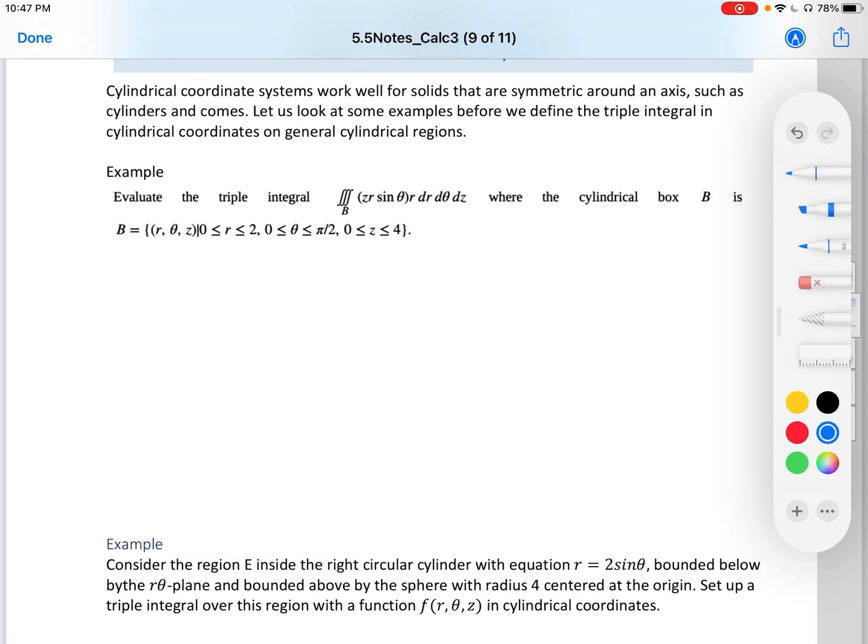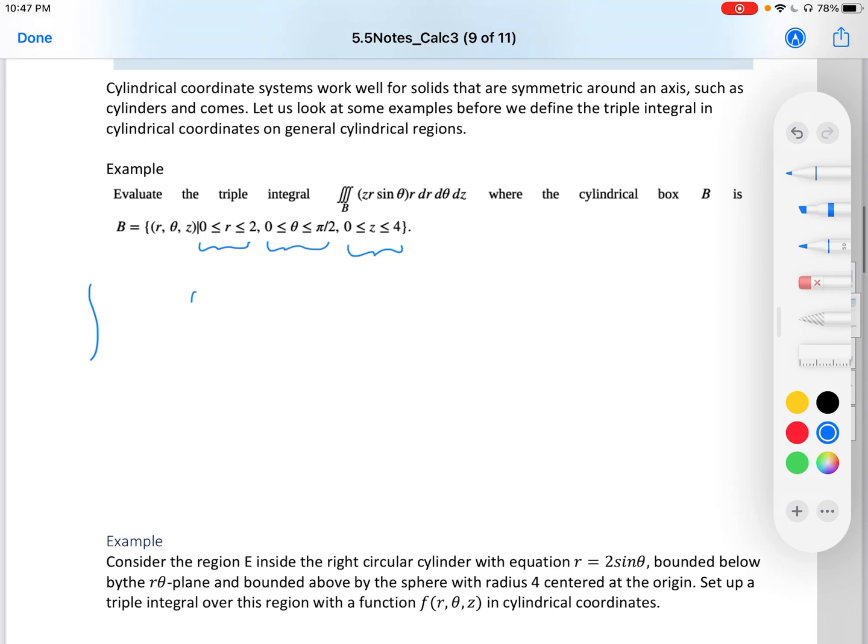So here we have r that spans from 2 to 0, theta from pi over 2 to 0, and z from 4 to 0, and we have our triple integral. All we have to do is set it up, and it's set up as r, theta, z, so we have r dr d theta dz. Let's set up r first.